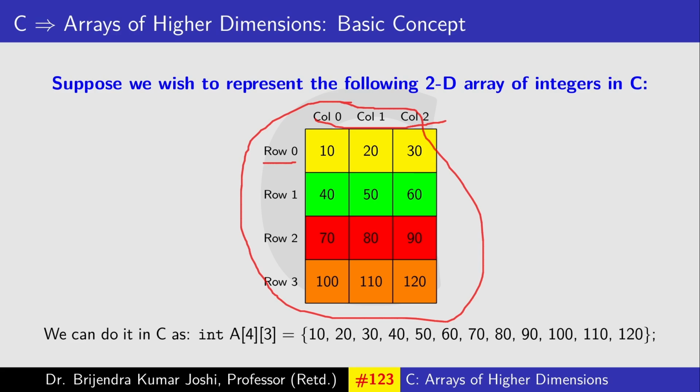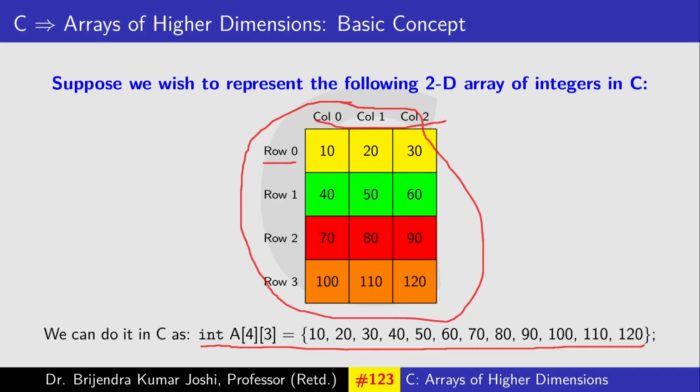So in C, what we can write is int, suppose the name of the array is capital A, 4, 3 equal to, and then these values. So all these values, 10 comes here, 20, 30 and so on, one after the other. So C is row major.